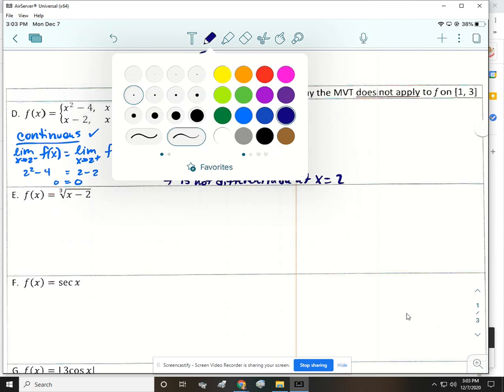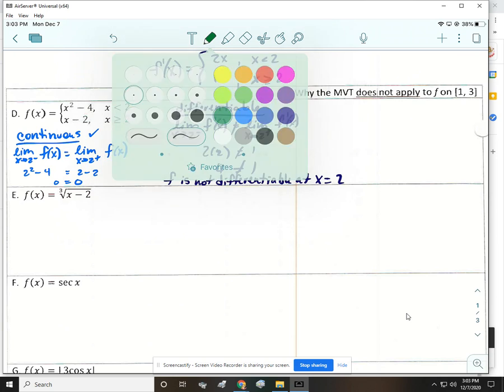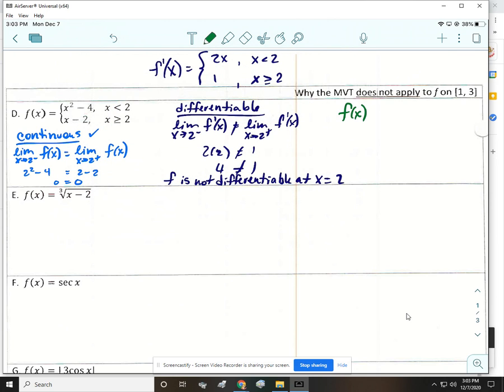Okay, and so if we're answering the question, we would say f of x is not differentiable on the interval from 1 to 3.